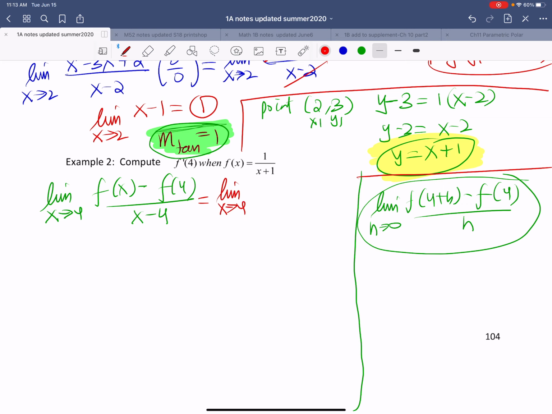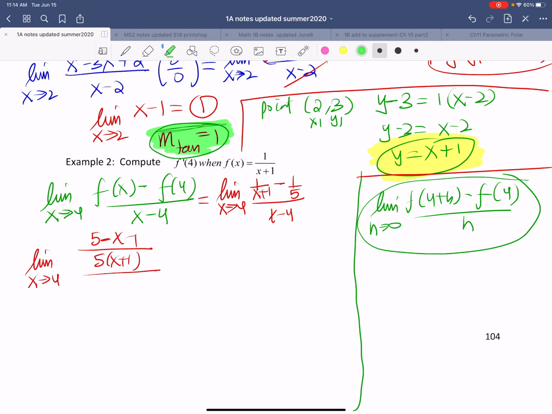Limit as x approaches 4 of 1 over x plus 1 minus 1 over, if I plug a 4 in there, 5, all divided by x minus 4. I'm going to combine the fractions in the numerator. The numerator will be 5 minus x minus 1 over 5 times x plus 1, because I have a complex fraction here. I'm trying to combine these into a single fraction divided by x minus 4.